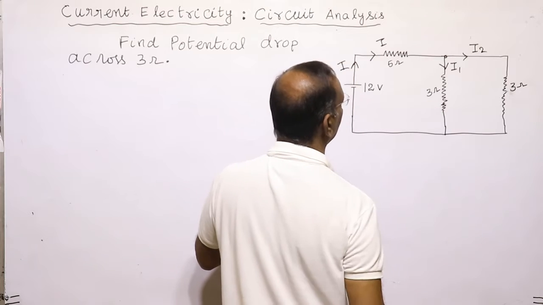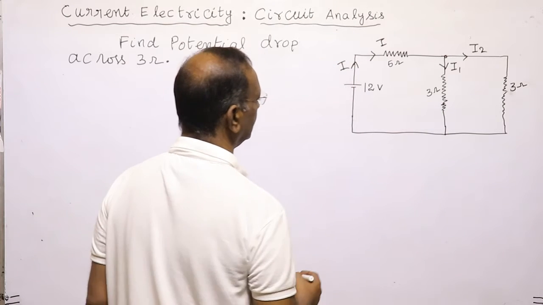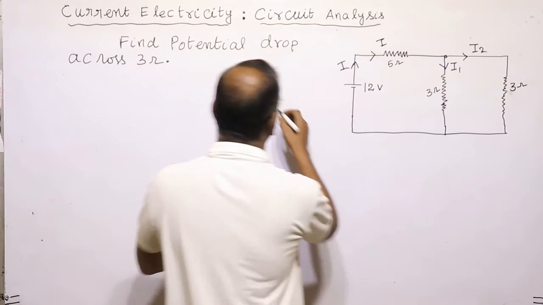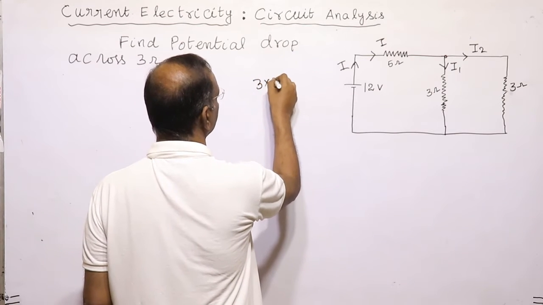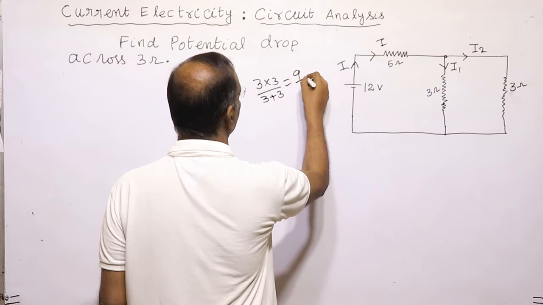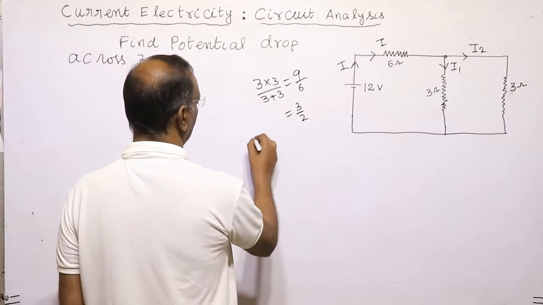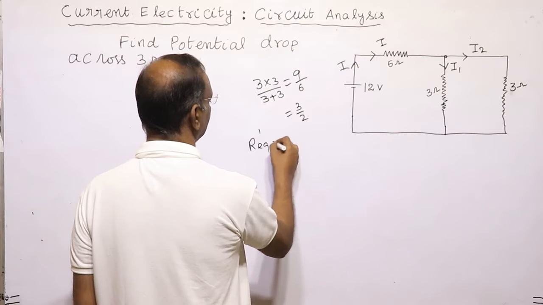This and this are in parallel. This and these are in parallel. So we can convert it as 3 into 3 divided by 3 plus 3, which is 9 by 6, equal to 3 by 2. This is R equivalent dash.